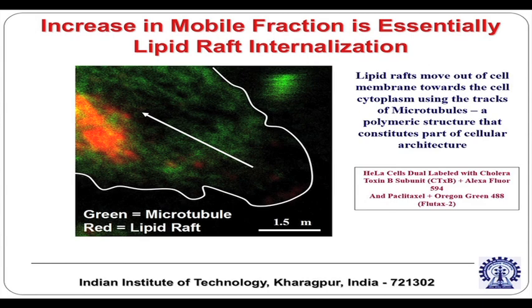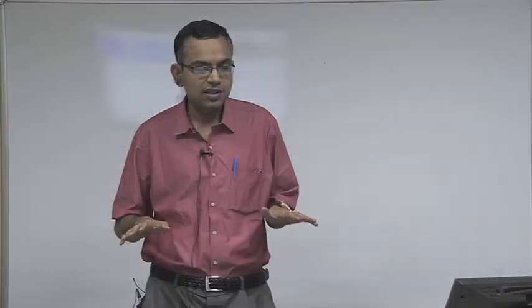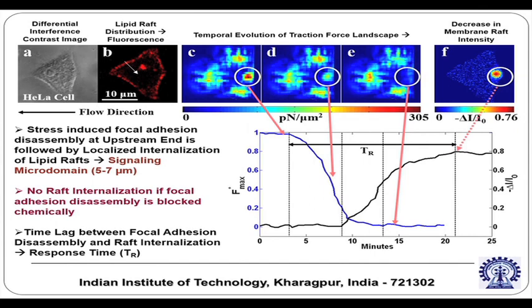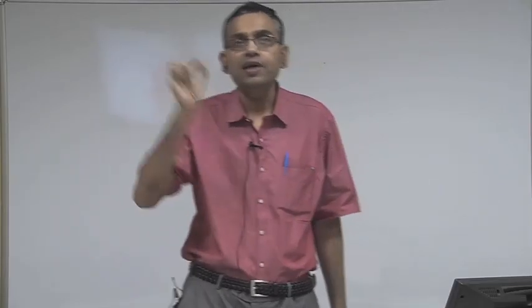Why is membrane fluidity important? Because membrane fluidity is related to the depletion of lipid raft from the cell membrane. So, there are two important phenomena taking place. One is the stress induced focal adhesion disassembly, that is the disruption of the focal adhesion points, the legs of the cell, which are the connections between the cell and the microfluidic substrate, and the other is lipid raft internalization.